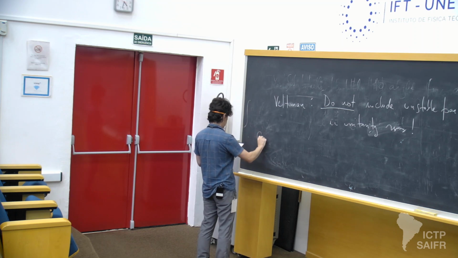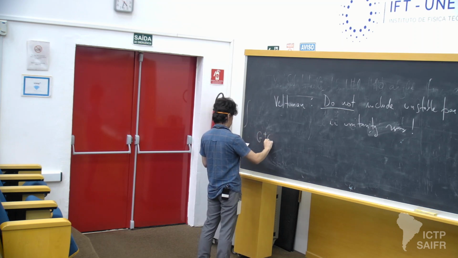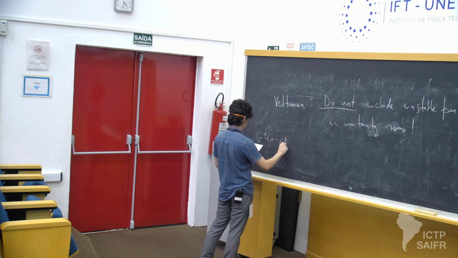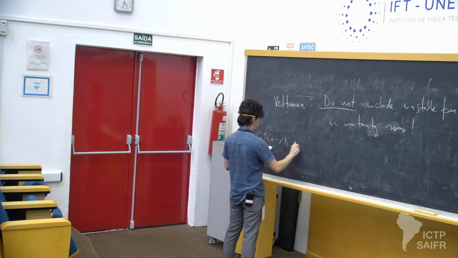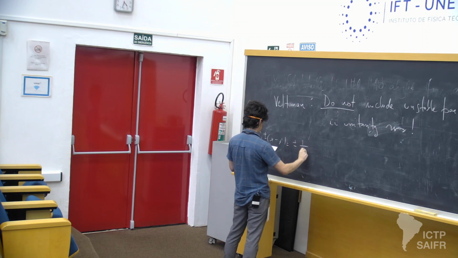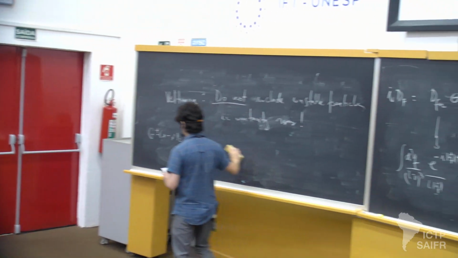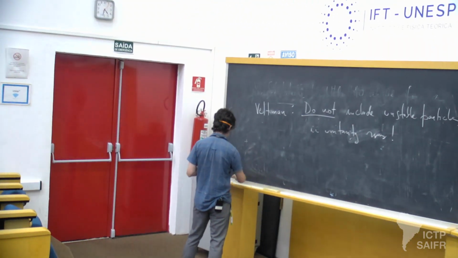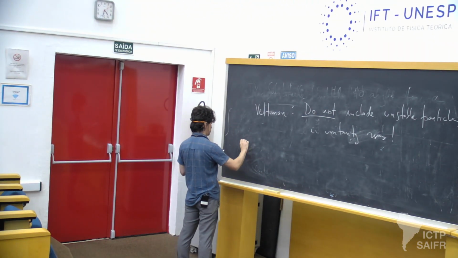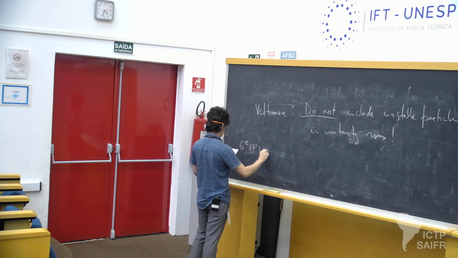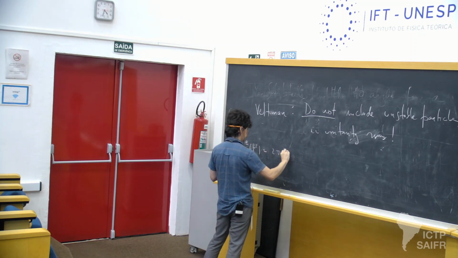The cut propagators have this form, G plus minus, minus 1 over pi, in momentum space, plus minus p squared, for a normal particle, right?